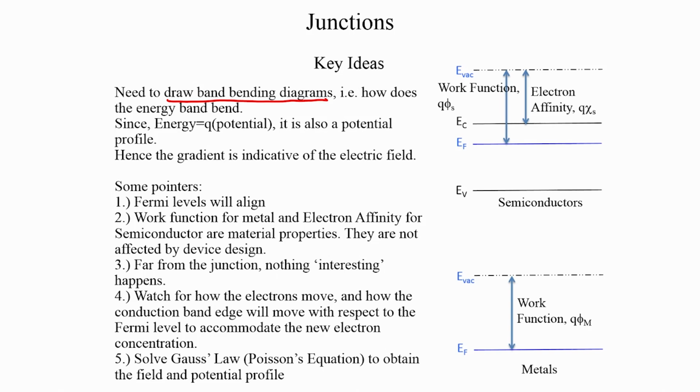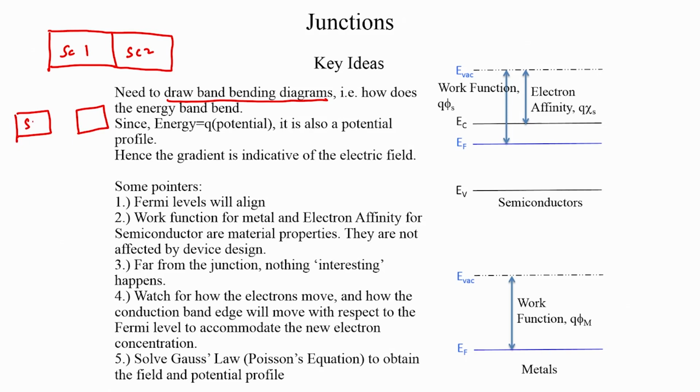So let us say we are trying to create a junction between semiconductor 1 and semiconductor 2. We have these two semiconductors separately initially. We know how they behave in thermal equilibrium, if we throw light on them, and if we establish a current or a voltage across them.